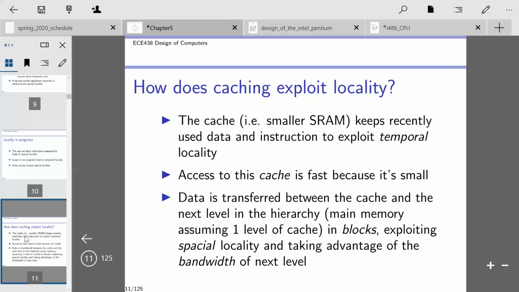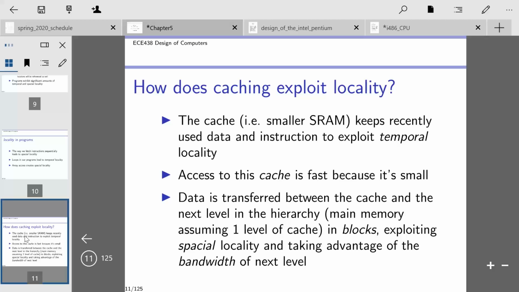How does the cache exploit this temporal locality? Again, this is a little bit of a review. The cache is a smaller SRAM that keeps recently used data. You're going to see we use this term quite a bit for a cache replacement policy.